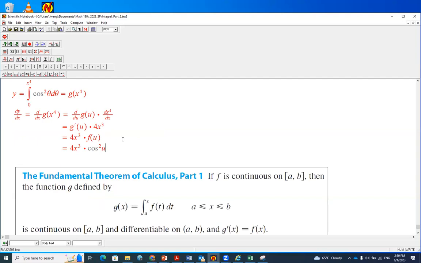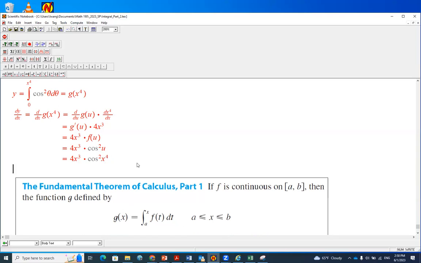And what is u? u is x to the power 4. Boom. Finished.